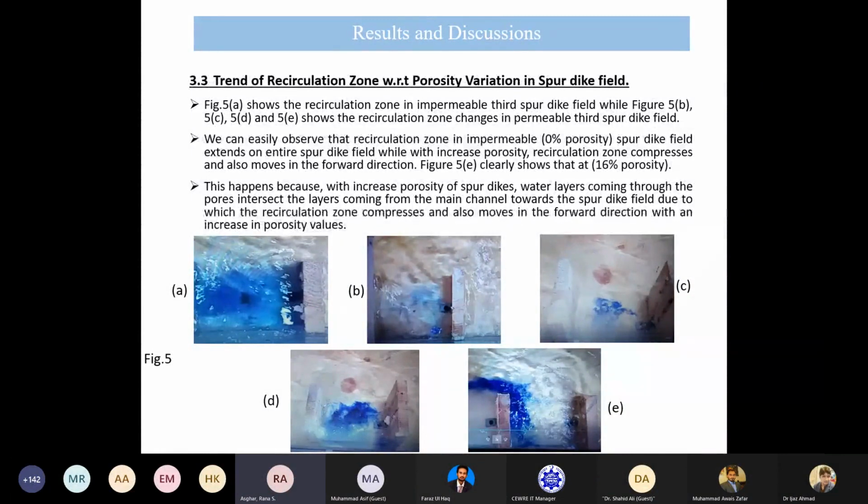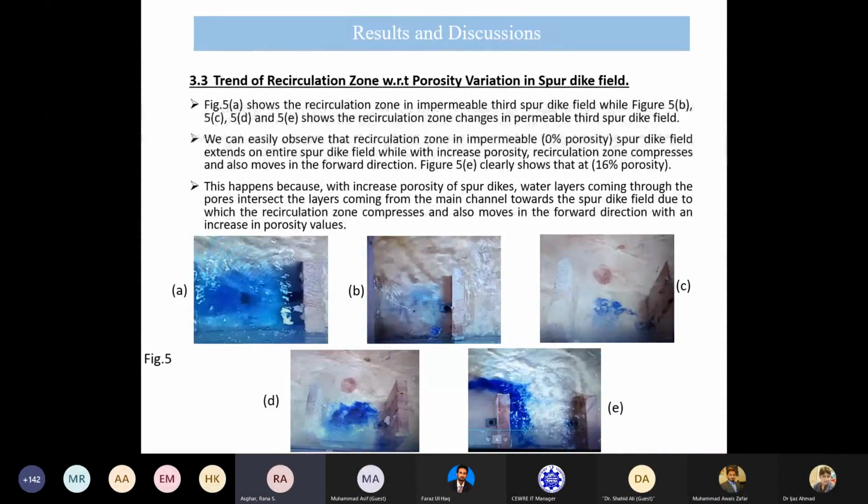Figure B shows the recirculation trend at 4%, figure C at 8%, figure D at 12%, and figure 5E at 16% porosity.